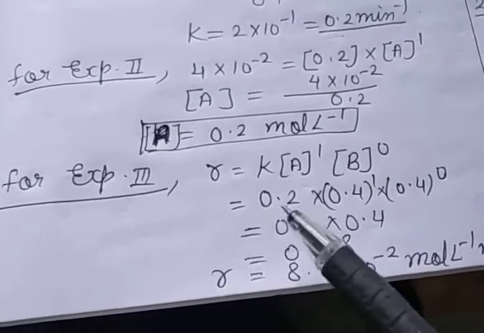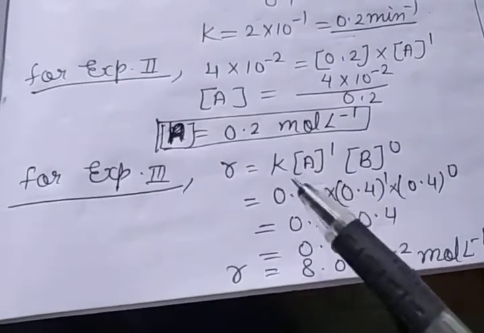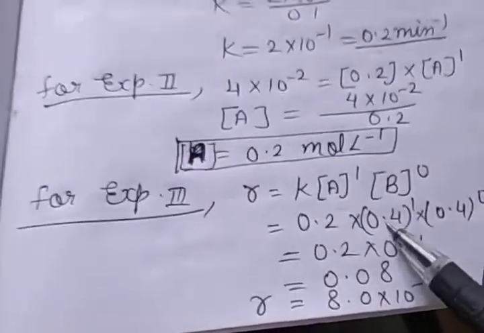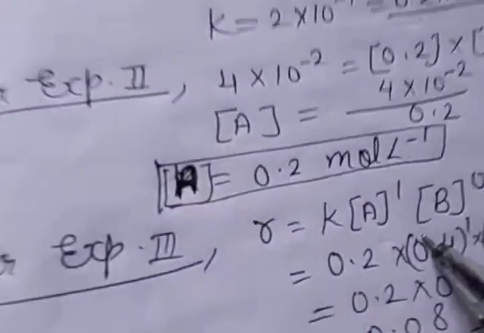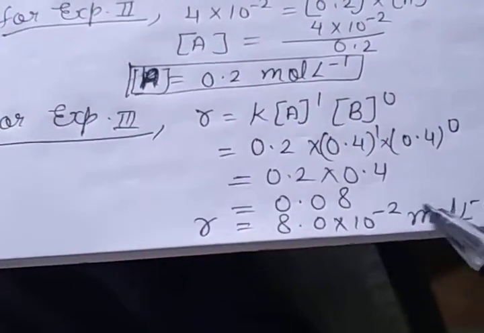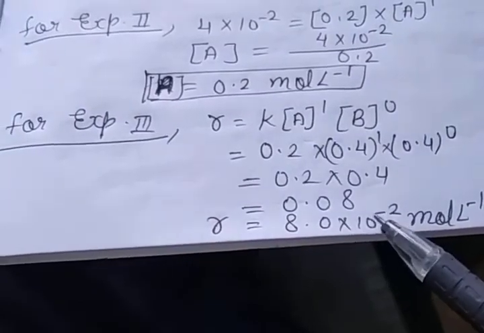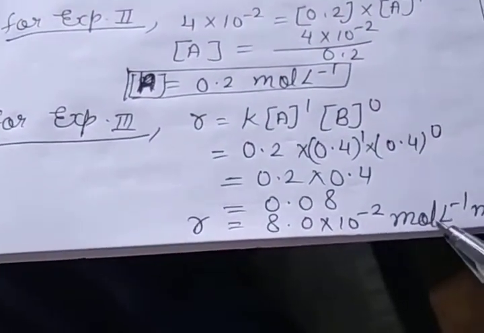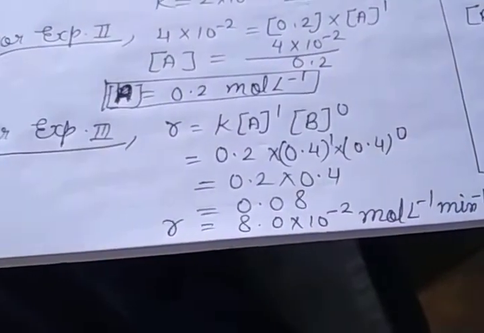Then 0.2 and the K value, A value given 0.4 for the third experiment. So 0.2 multiply 0.4 is 0.08, and convert into 10 to the power minus 2. So R is equal to 8.0 into 10 to the power minus 2 mole liter inverse minute inverse.